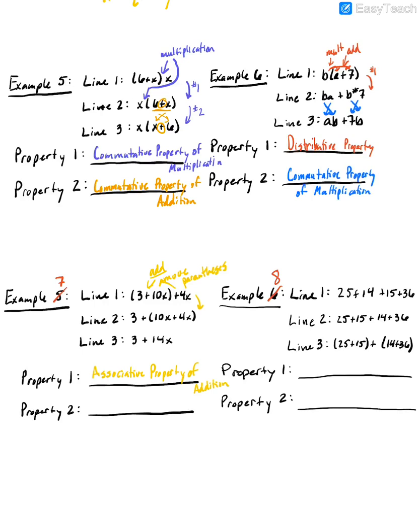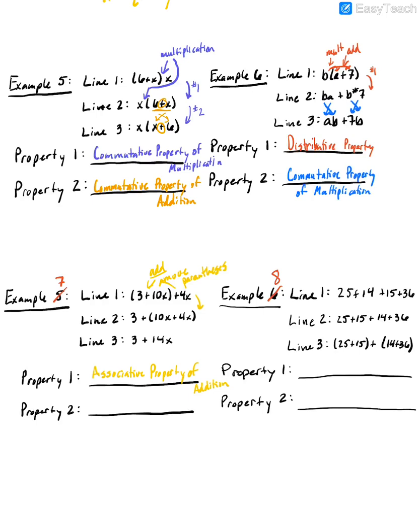Right? Then for line 2 to line 3, I had that 10x plus 4x in the parentheses for line 2, but now both of those are gone and it's become 14x. So the parentheses are almost gone. Now here, there are two different ways of stating this one, okay?